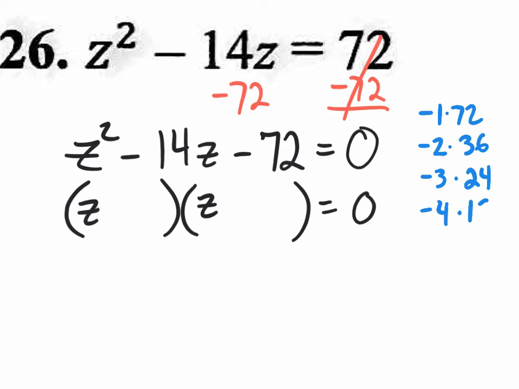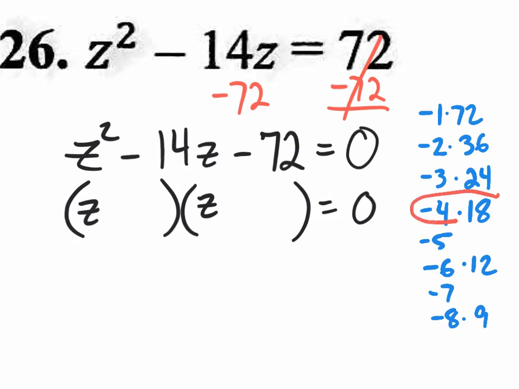So negative 4 times 18 is also negative 72. Now notice, guys, I'm not doing this off the top of my head. I'm doing this with a calculator, right? So negative 5, if I do it with the calculator, it's not going to work. Negative 6, that's negative 6 times 12. Negative 7 is not going to work. Negative 8 times 9, that will work. I don't need a calculator for those. So that's about it. Now all we need to do is find the pair of numbers that combines together to give me a negative 14.